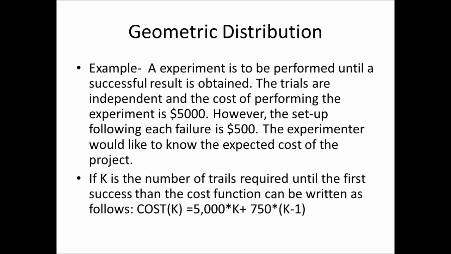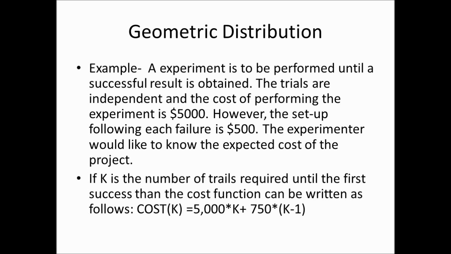So let's define K as the number of trials required until you get the first success. As you can see, this is an example of geometric distribution. We're trying to find the probability that the first success takes place on a specific trial. The cost function in this case can be written as follows.